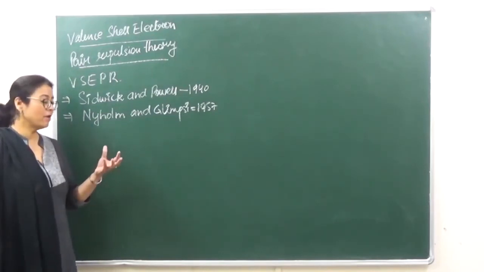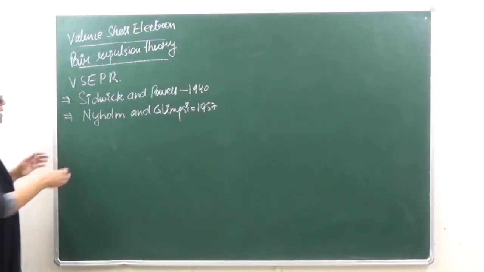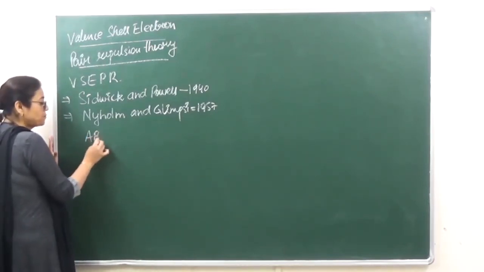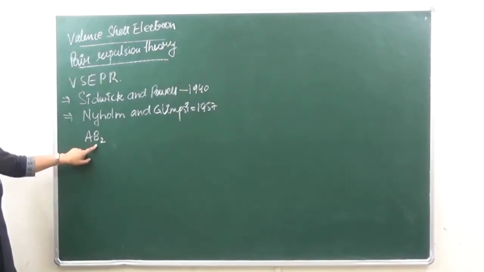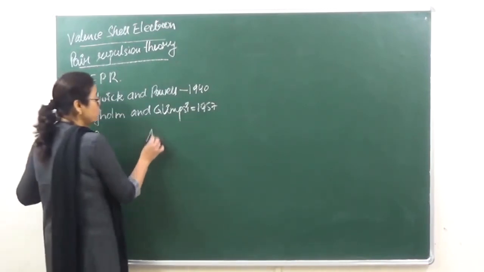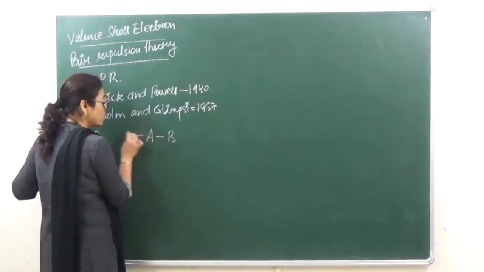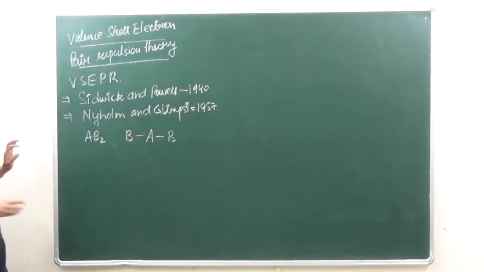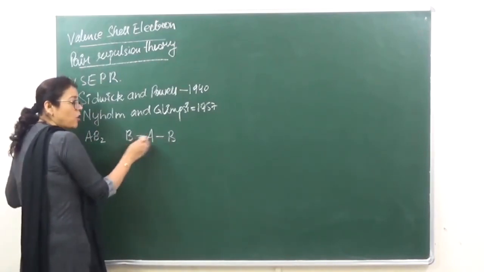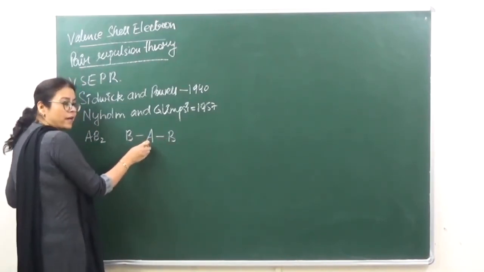For example, if we have a molecule of the type AB2, where A is the central atom and B is the surrounding atom, these two B's will take such a position that the repulsion between the two is minimum. So they will be directed to opposite corners of A.